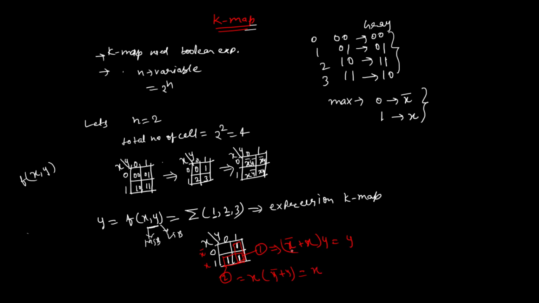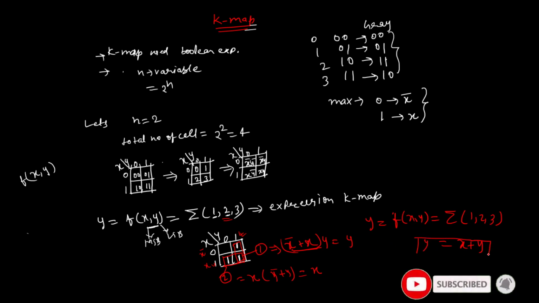We will not write this form directly, but we have to see if there is x and x complement, then it will be 1 automatically. So we take only this value and this value. So the final f of x, y, that is sum of 1, 2 and 3, will be equal to x plus y. So this form is minimized to this form.